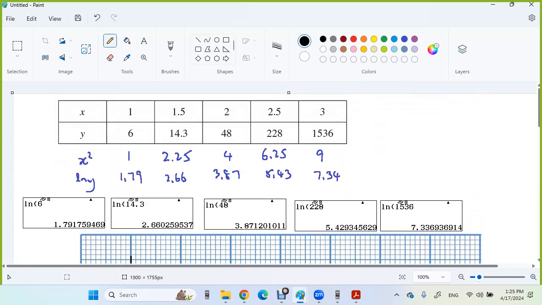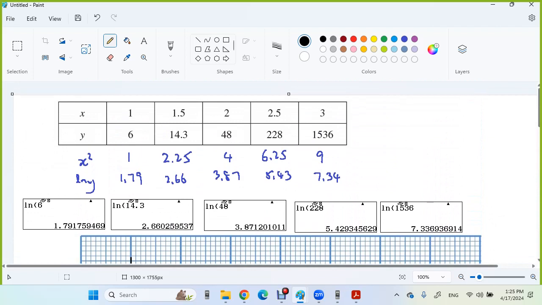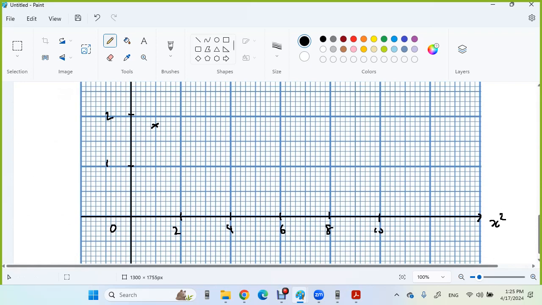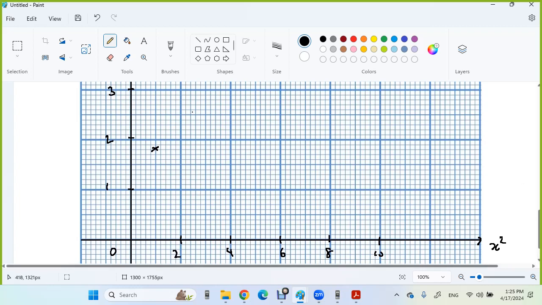And then we have 2.25, 2.3, and 2.66 will be somewhere here, between 2.6 and 2.7.